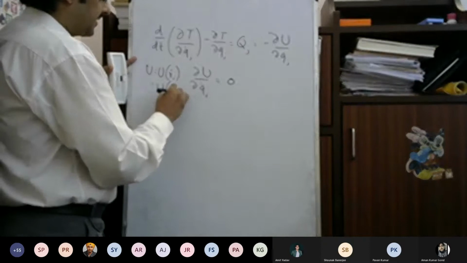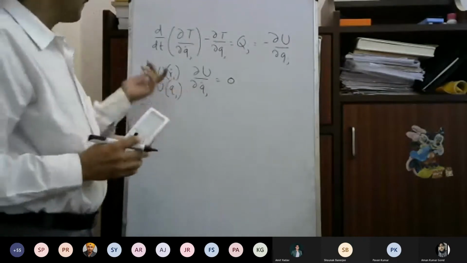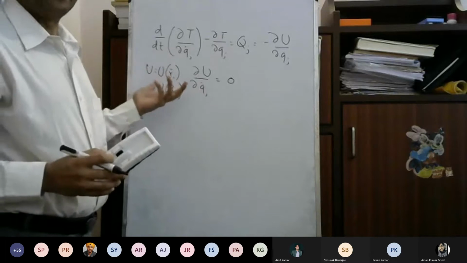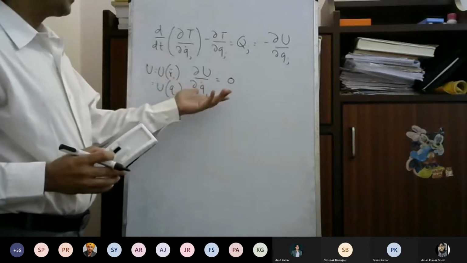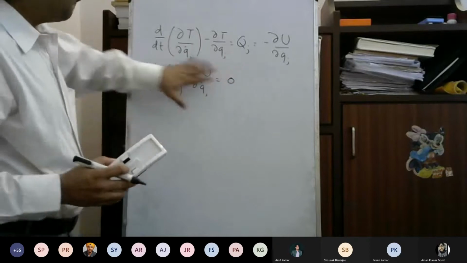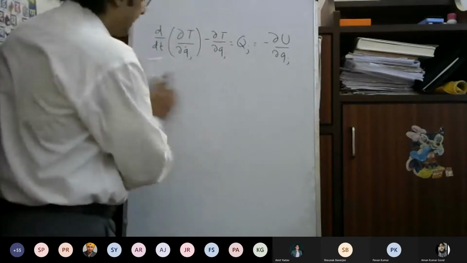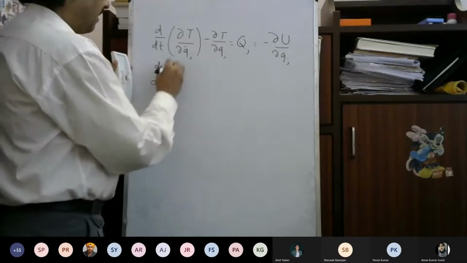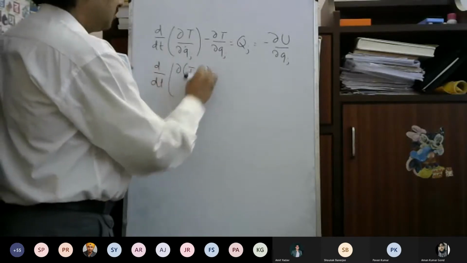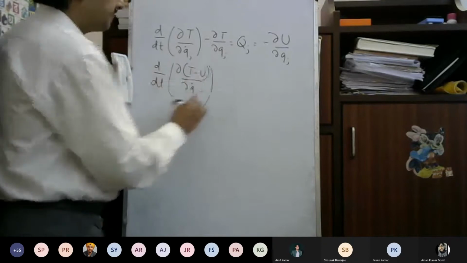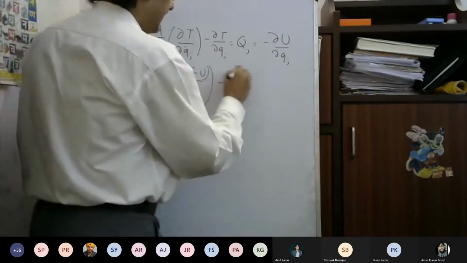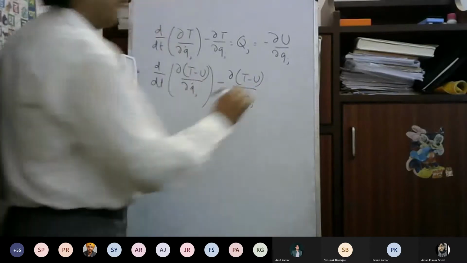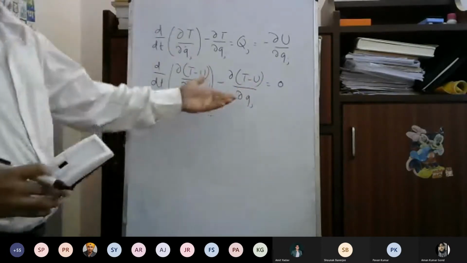U is a function of ultimately the qj's, not qj dot. This potential energy depends only on the position, not on the velocity of the particle. So del u del qj dot will be equal to 0. If you take this into account, then this becomes ddt of del (T minus U) del qj dot minus del (T minus U) del qj, and that is equal to 0.